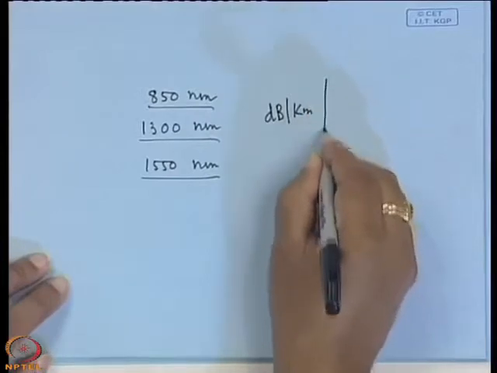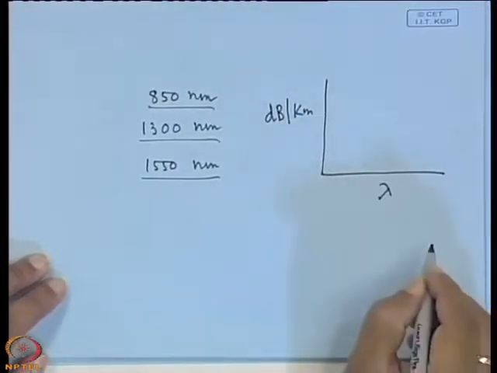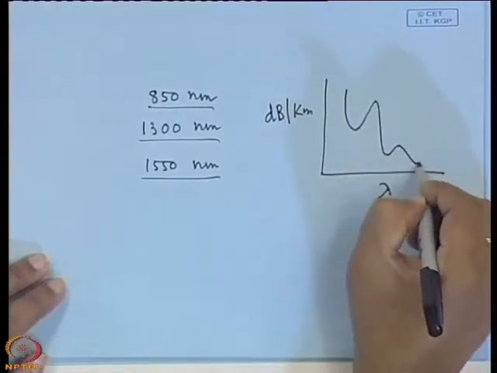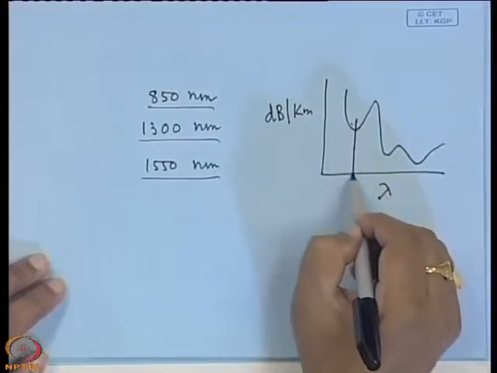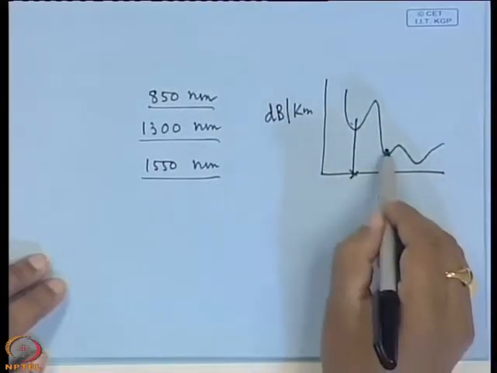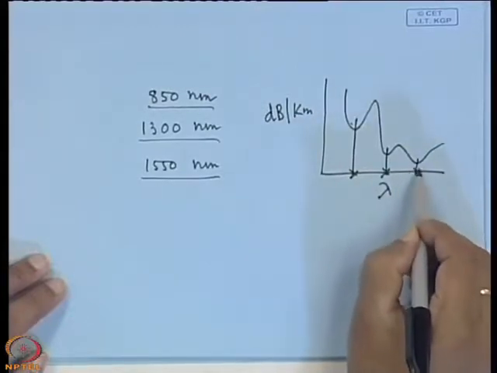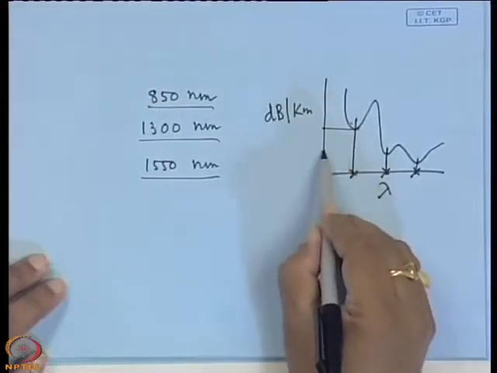What is the unit of loss? It is decibel per kilometer, and it is plotted against wavelength. We have seen this type of curve. That means, one is 850, this is 1300, this is 1550. That means, the loss is minimum.